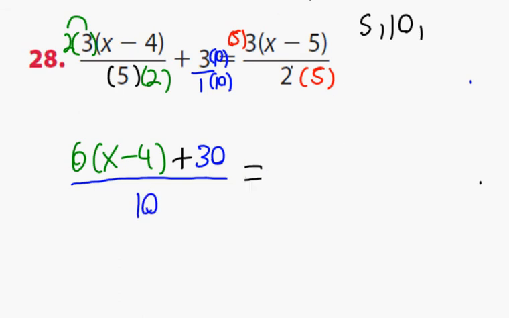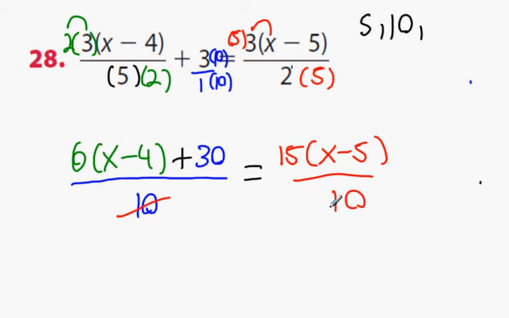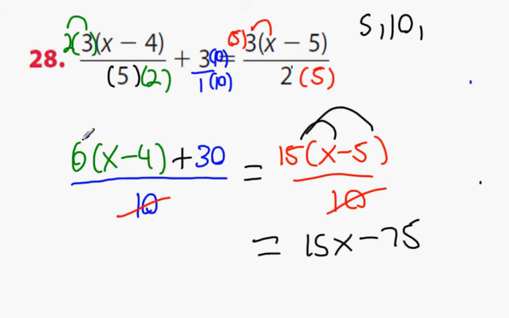Now, what about this one here? 5 by 3? 15. 15 into x minus 5, all divided by 10. What can we do with the 10s? You can get rid of them because it's 10 on both sides. Okay? Now, what happens next is I've got to multiply it out. And what do I get? 15x minus 75. 6x minus 24 plus 30.